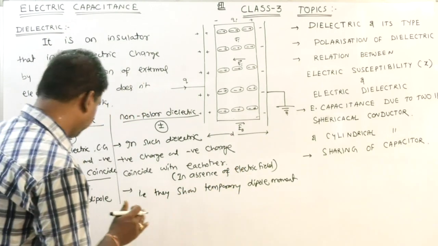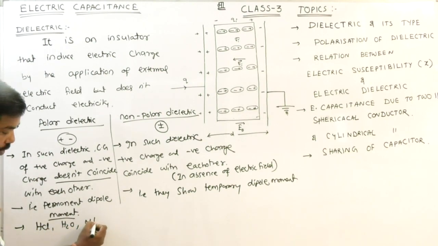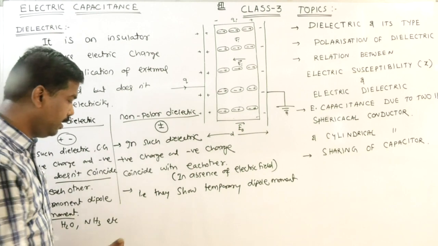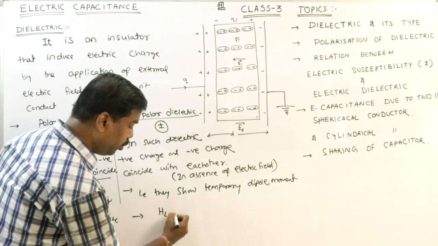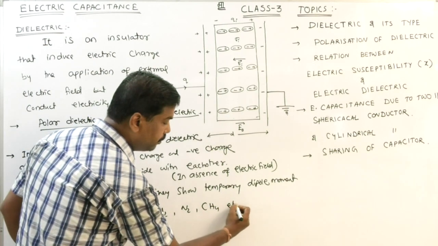Clear? The example of polar is HCl, H2O, ammonia, etc. HCl means H plus Cl minus, H2O means H plus OH minus, etc. And for non-polar, here hydrogen molecule, nitrogen molecule, etc.